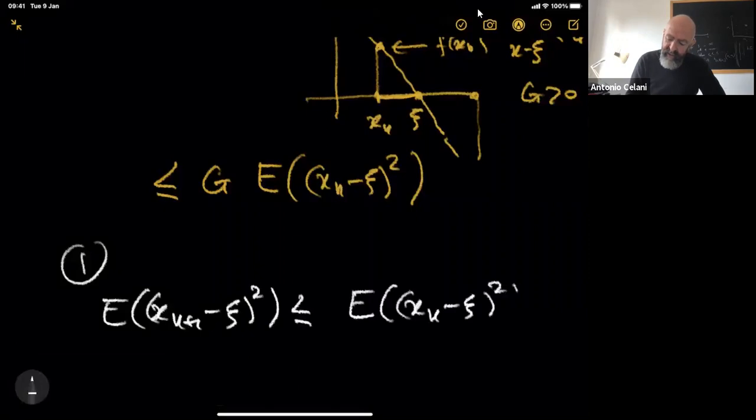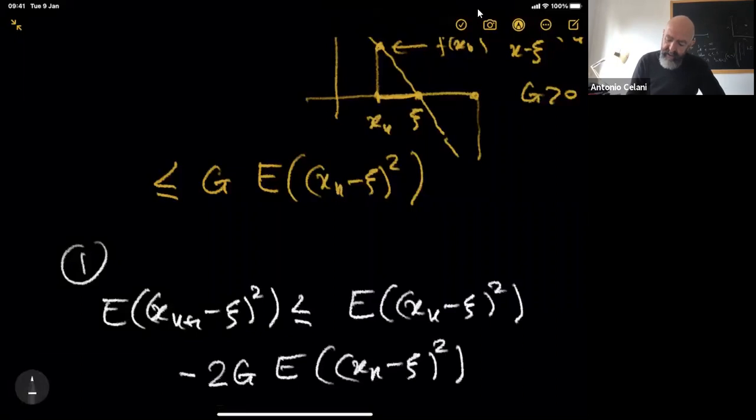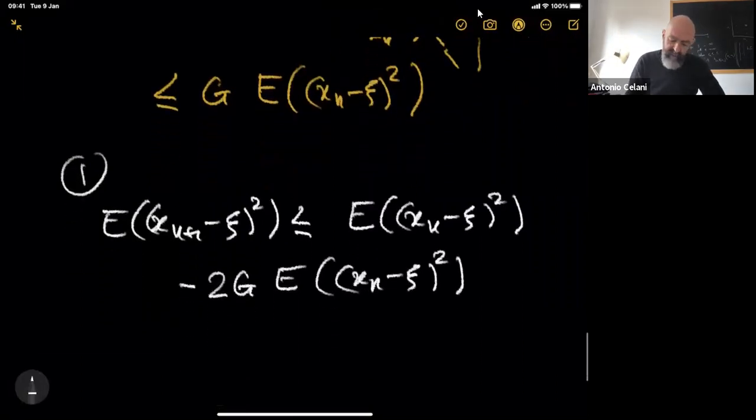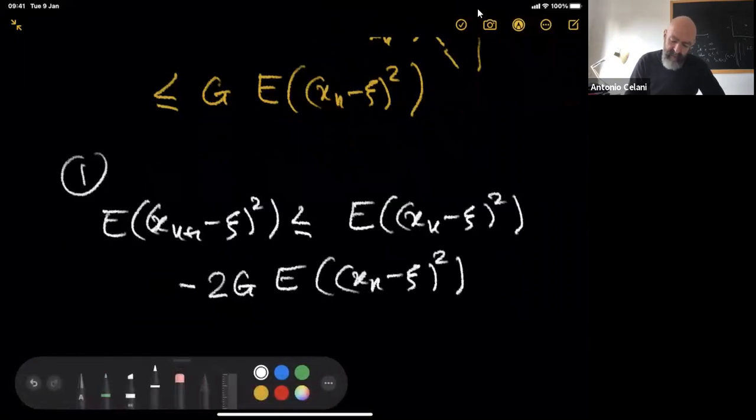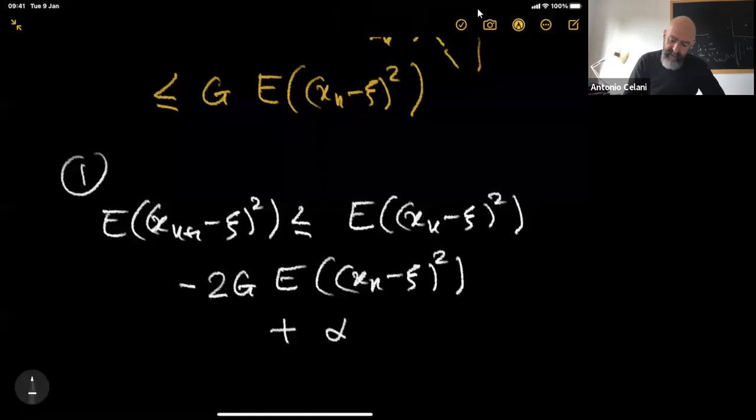This part was the exact one. Then I have my inequality, which tells me that this is minus 2 times g e of xn minus psi squared. And then I have another term, which is plus, sorry, there was an alpha n here.